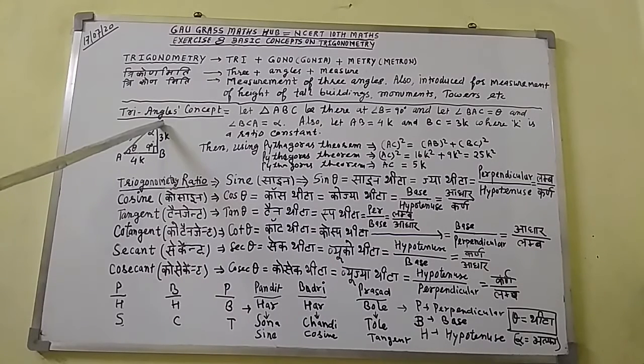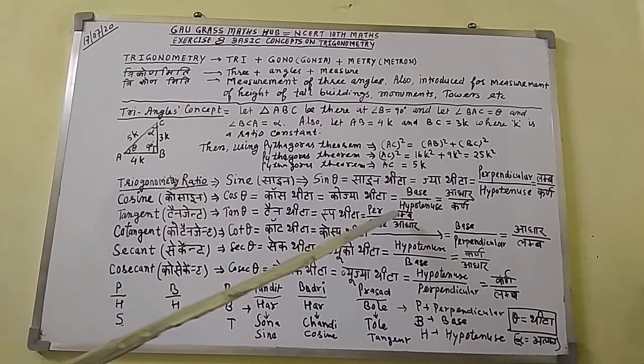The BC will be called as perpendicular because the side BC is the opposite side of angle theta. And with respect to angle theta, AB is the adjacent side. It will be called as base. This will be called as lambda dot r.